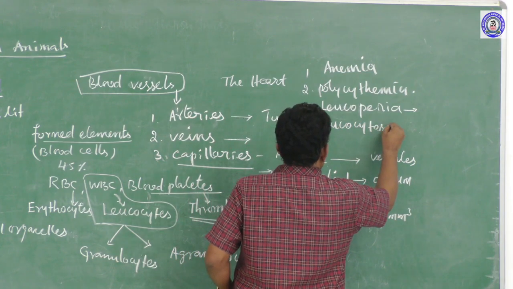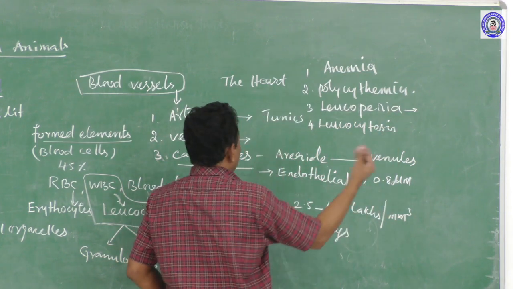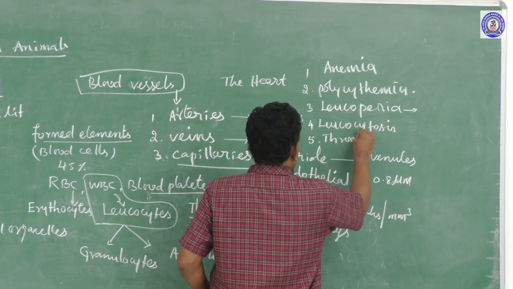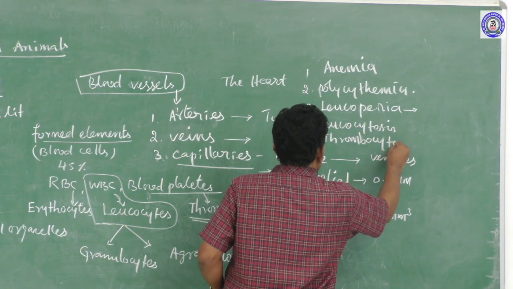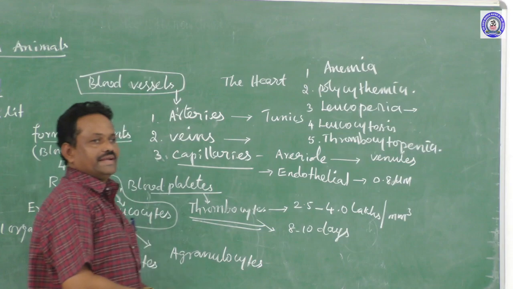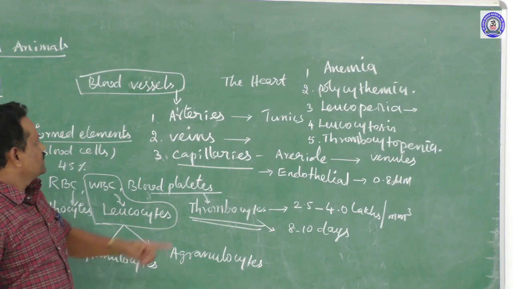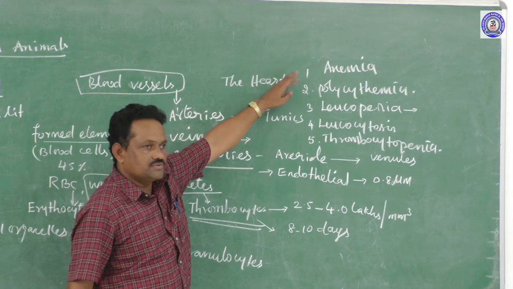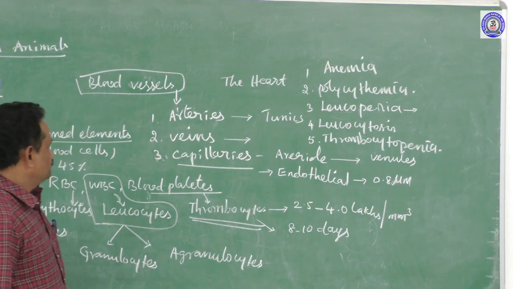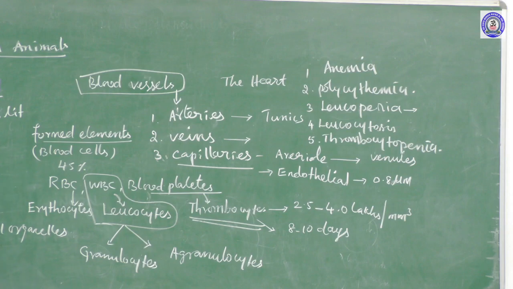Leukocytosis or leukemia, more number of WBC. And thrombocytopenia, that means less number of blood platelets. So the number of blood cells should be constantly maintained. If this increases or decreases, that leads to different kinds of problems.